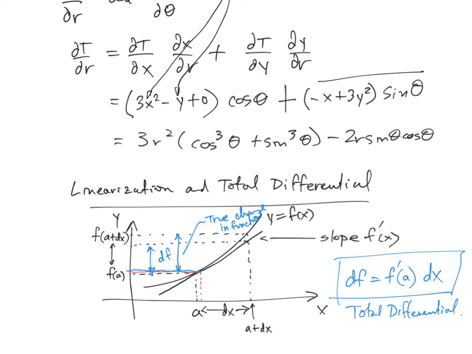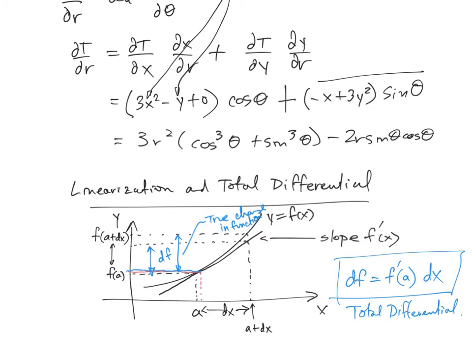I have to have the function itself to figure out what that is. I got to put the value x equal to a into that function, I get a value for y. I put a value x equal to a plus dx into the function, I get another function value, I take the difference, I got the true change in the function as x changes by dx. Or I can approximate it using this total differential.